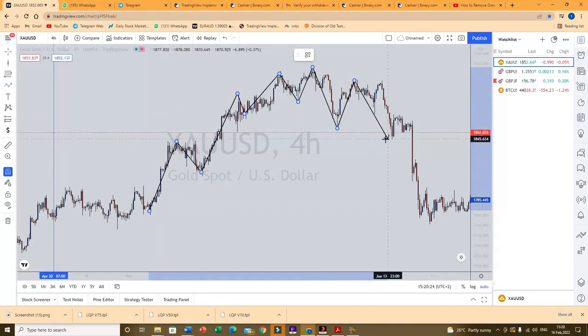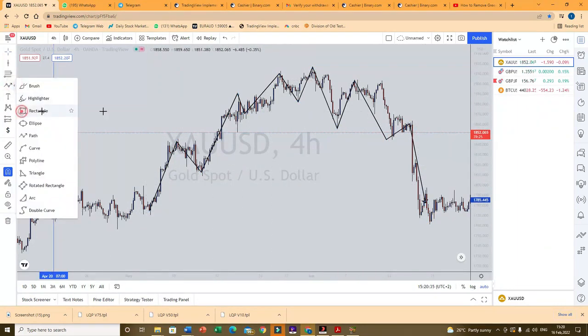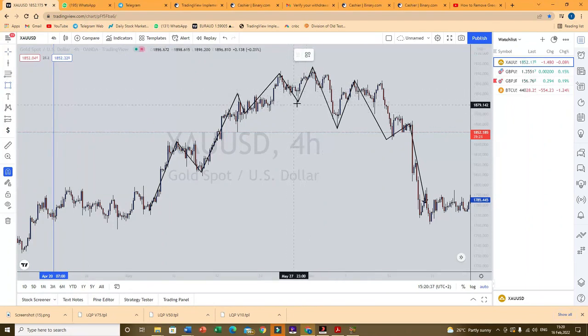After that low, corrective, and our waves have now changed and are now moving to the downside. So allow me to mark this point. This is the last low that price created before it started reversing. So I'll mark that point.